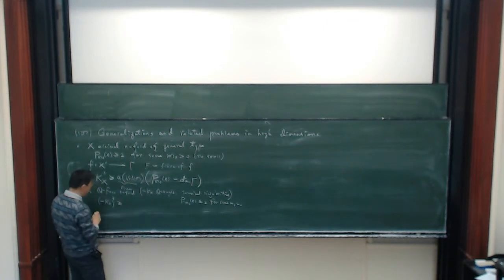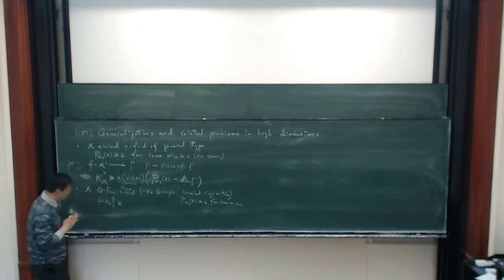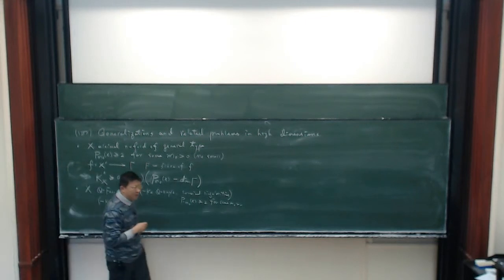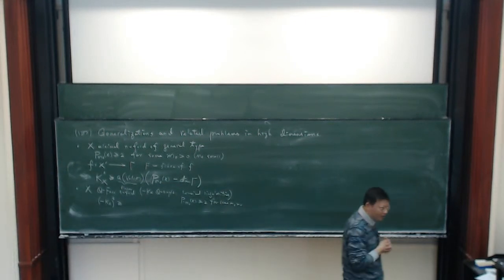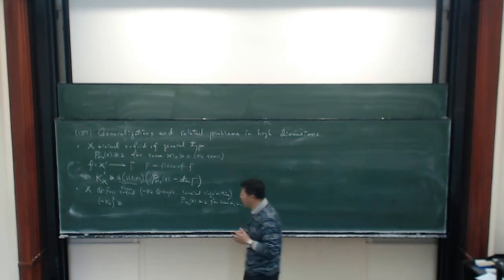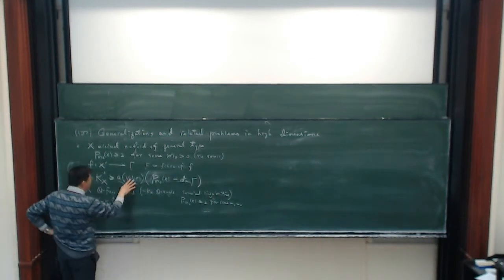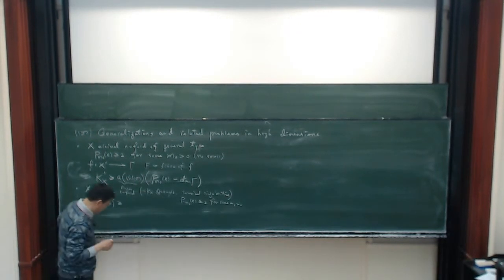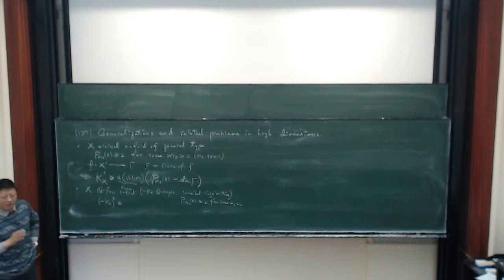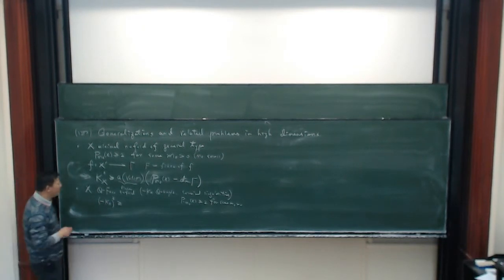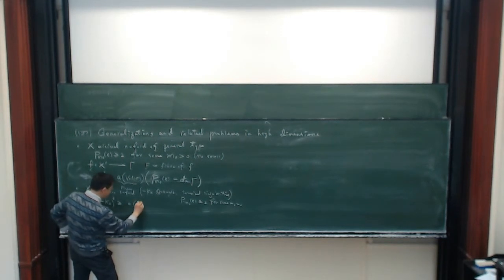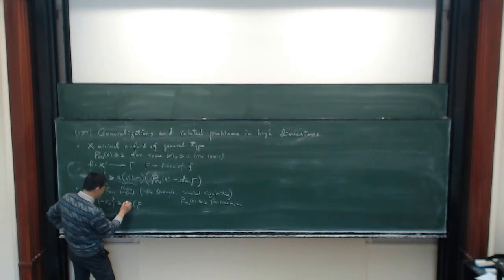In terms of the fiber, this is a little bit more complicated than in the general type case, because it's possible that in this case the fiber can be P1 or P2 or something. So the volume doesn't have any meaning. But we can find a generalized volume, something like log general type. So some constant times p, but some constant in terms of the fiber.